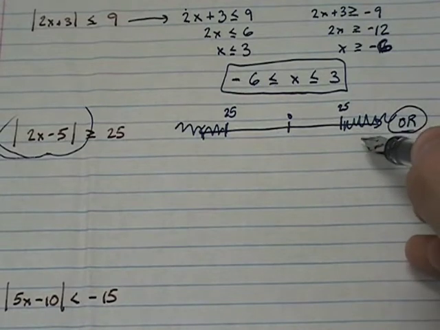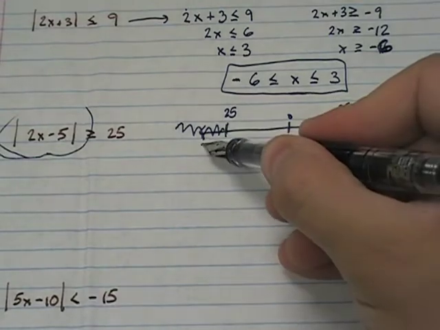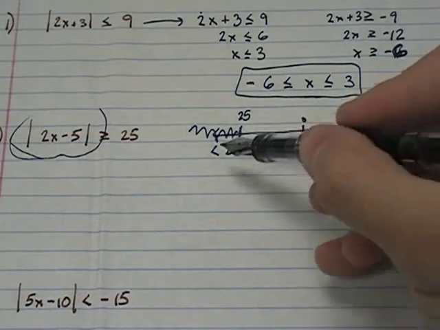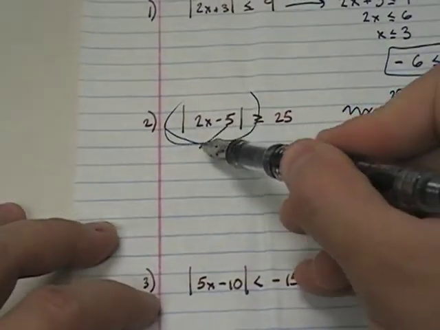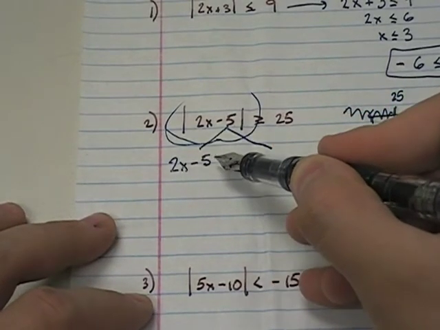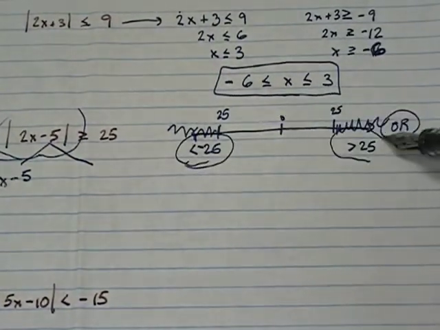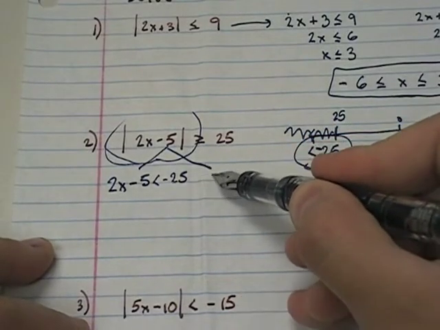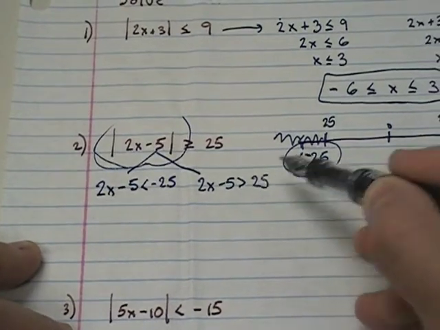Again, what we're looking at is greater than 25 or less than -25. So this is going to break into two inequalities based on that premise: 2x minus 5 is either less than -25, or 2x minus 5 is greater than 25.